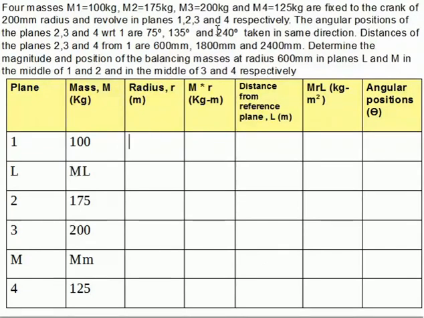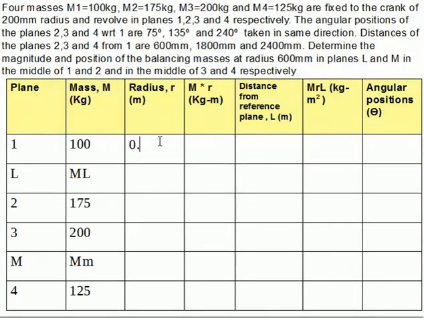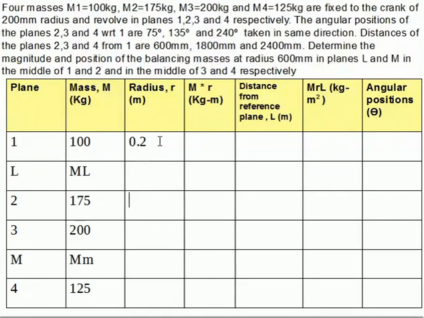Radius of rotation is given. For masses m1, m2, m3 and m4, the radius of rotation is 200 mm. We'll write it in meters, it becomes 0.2 meter. Whereas for masses L and M, the radius of rotation is 600 mm.